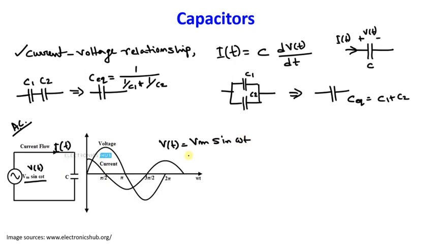Then what will be the expression of I of t? You can find it out, right? Because you know this expression, I of t equal to C into dV by dt. So if we do that, we will get this cos of omega t, right? Now this cos of omega t can also be written in this way, sine of omega t plus 90 degree.